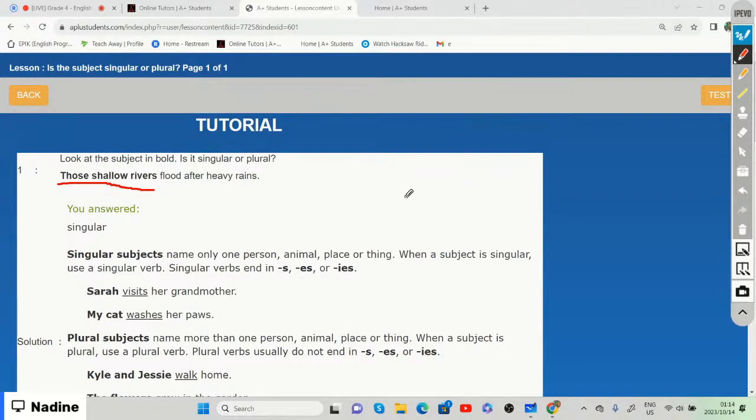Singular or plural? So those shallow rivers, they flood after heavy rains. Is it singular or is it plural?